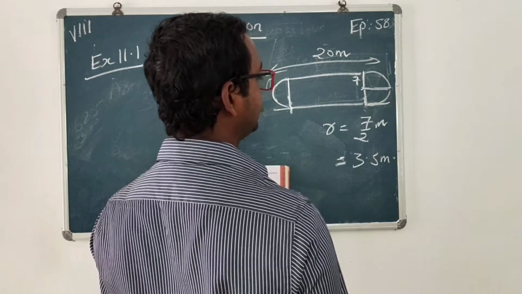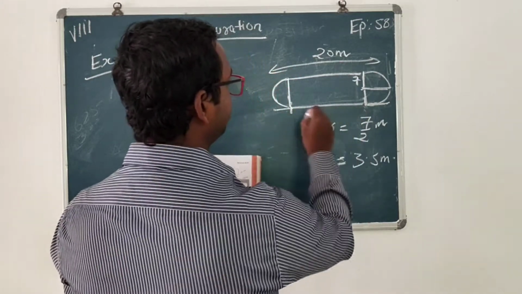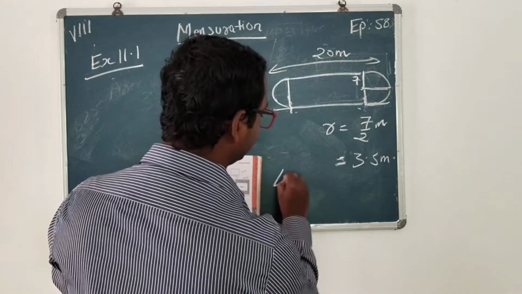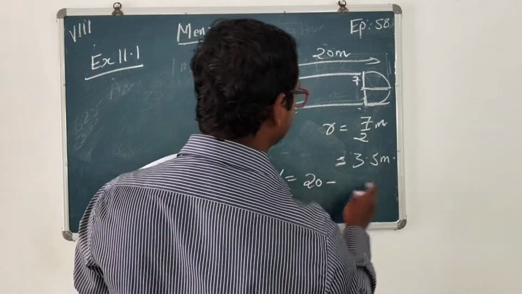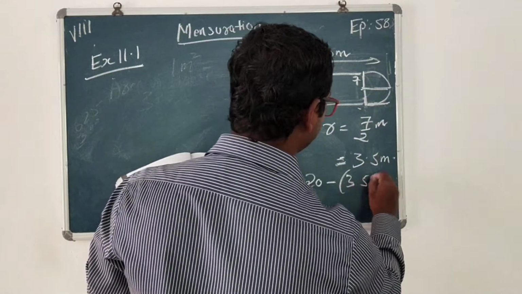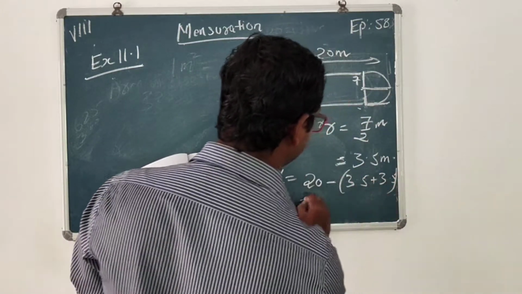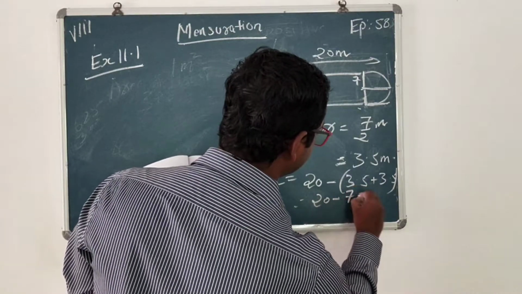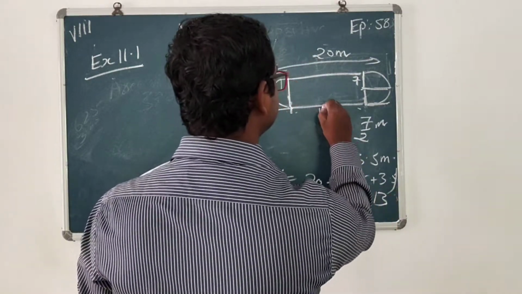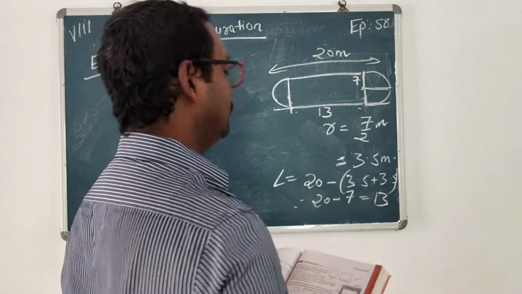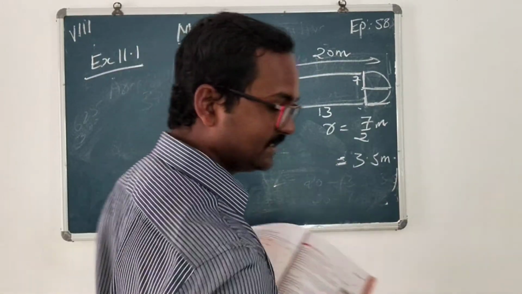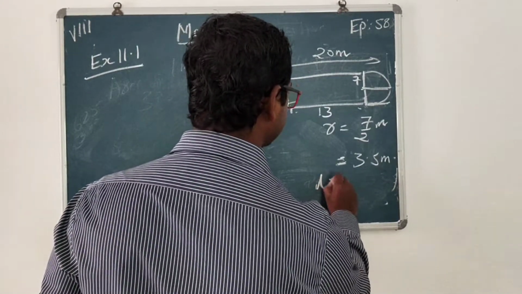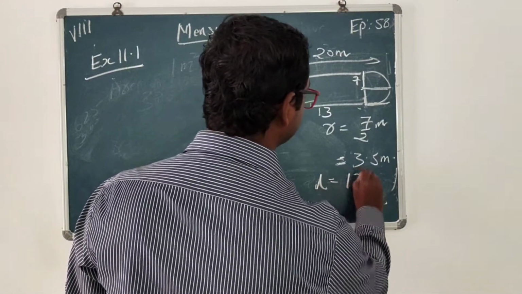So 3.5 plus 3.5 is 7. So the length of the rectangle is 20 minus 7, which is 13. So the radius is 3.5 and the length is 13.